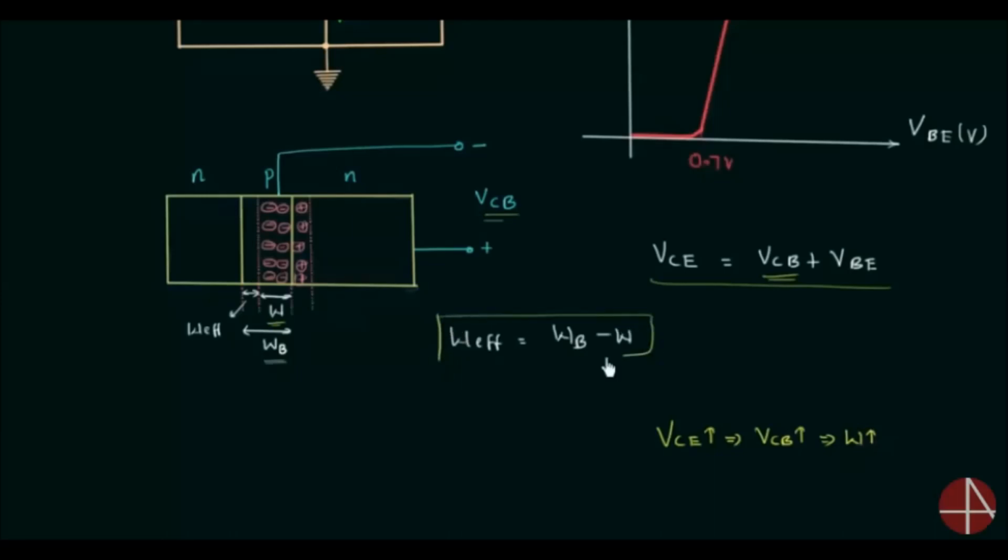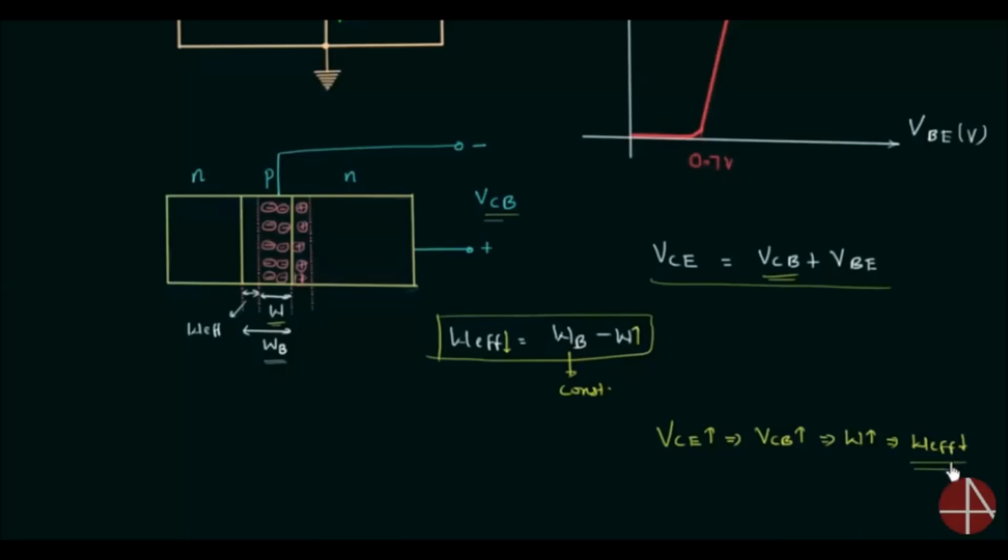And when W increases, W effective will decrease because WB is constant, it is the metallurgical width of the base. So this is what happens in the case of the early effect. This is what we call base width modulation.